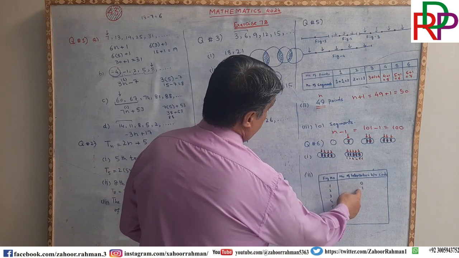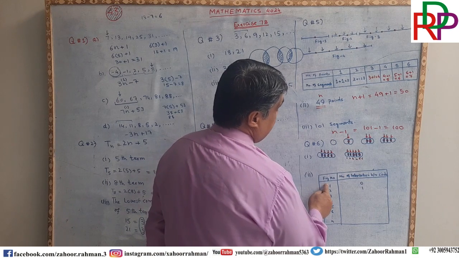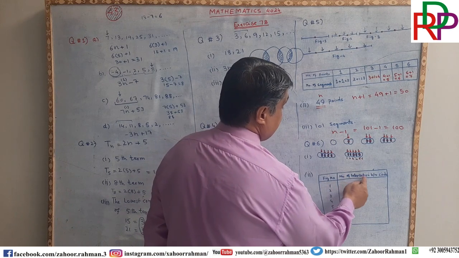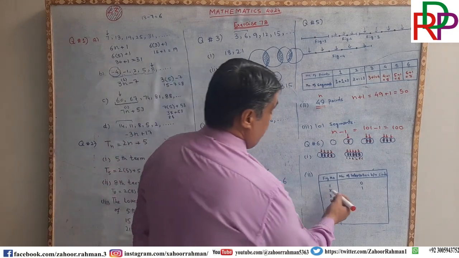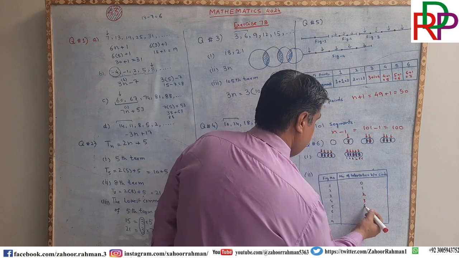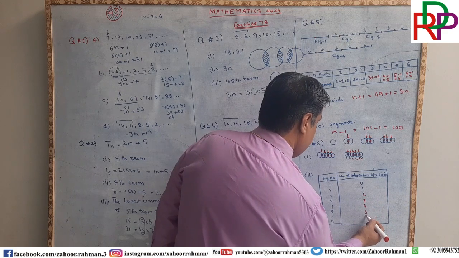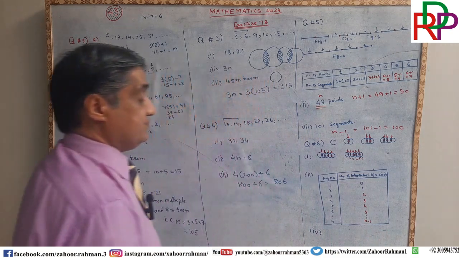Now the second part is giving you this table. In figure number 1, how many intersections? The number of intersections between circles is 0, 1, 2, 3, 4, 5, and n minus 1.